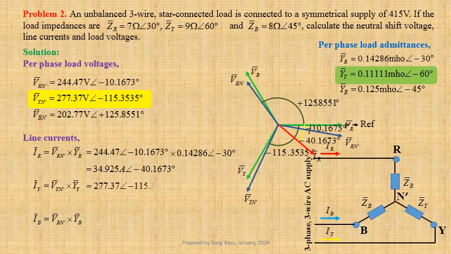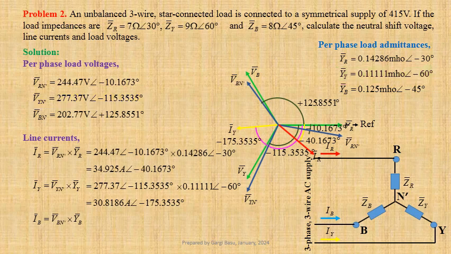IY equals 277.37 at an angle minus 115.3535 degree into 0.11111 at an angle minus 60 degree. That gives us 30.8186 ampere at an angle minus 175.3535 degree.